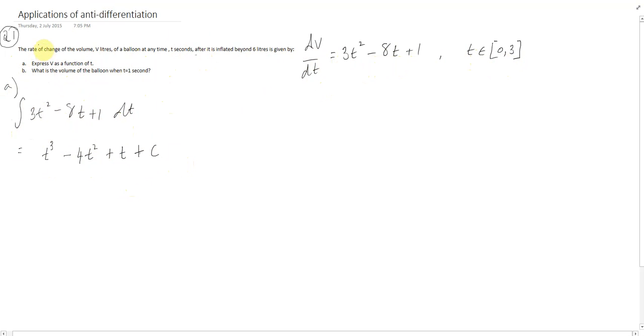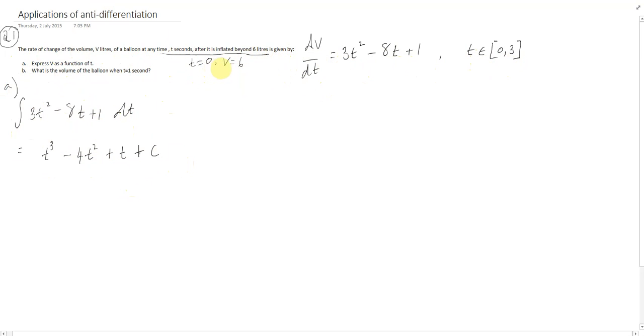Let's read the question again. The rate of change of the volume V liters of a balloon at any time t seconds after it is inflated beyond 6 liters is given by. So what that means is at the start, after it is inflated beyond 6 liters, so when t is 0, the volume must be 6, because we're talking about the time t seconds after it is inflated beyond 6 liters.